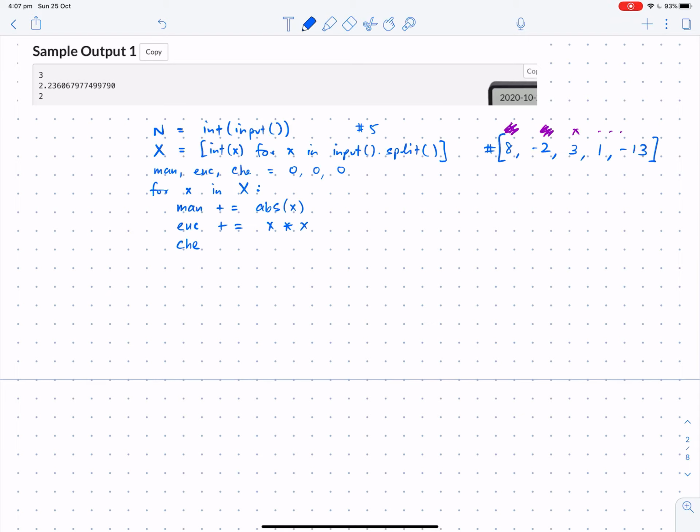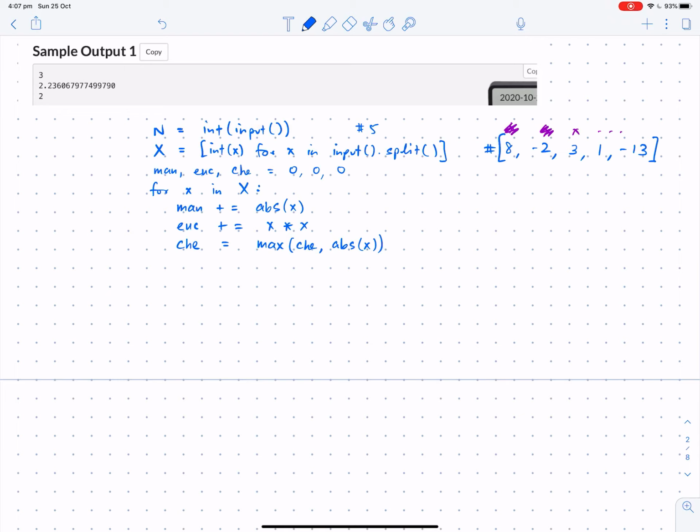So I'm going to say Chebyshev equals the maximum of Chebyshev and the current absolute value. So as we go through, by the end of the list, the Chebyshev will be the maximum of all of them.